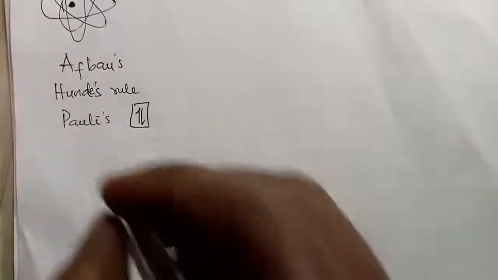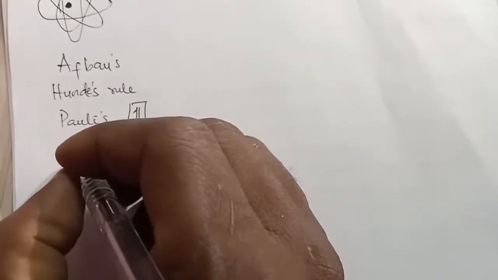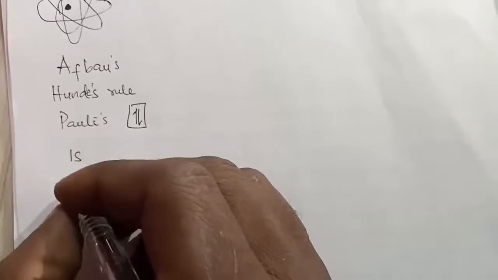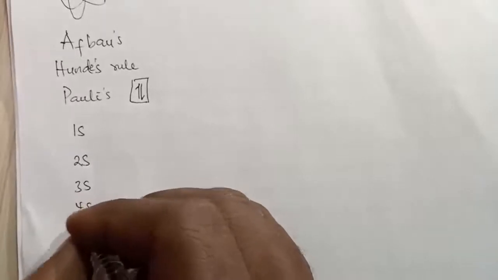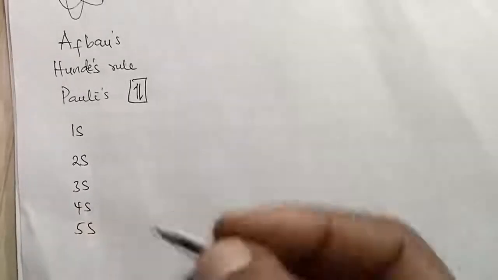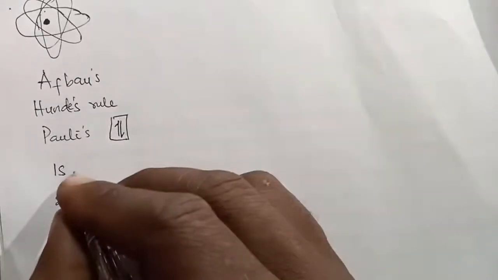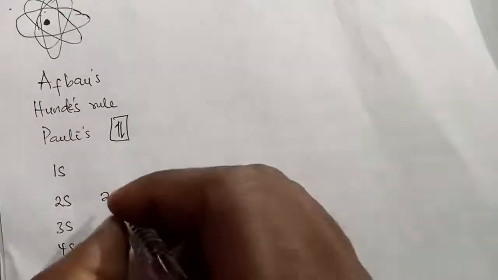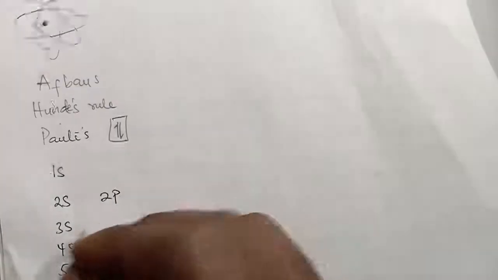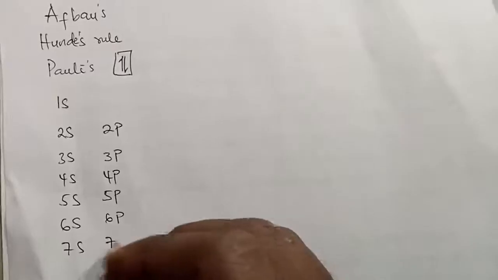And we have a way of filling, which is from lower energy to higher energy level. We have the 1s, 2s, 3s, 4s, 5s, 6s, and so on, 7s. And then after the first one, we have the second one, which is the p. So here is 2, so 2p. So after 2p, we have here is 3, we have 3p, 4p, 5p, 6p, 7p.